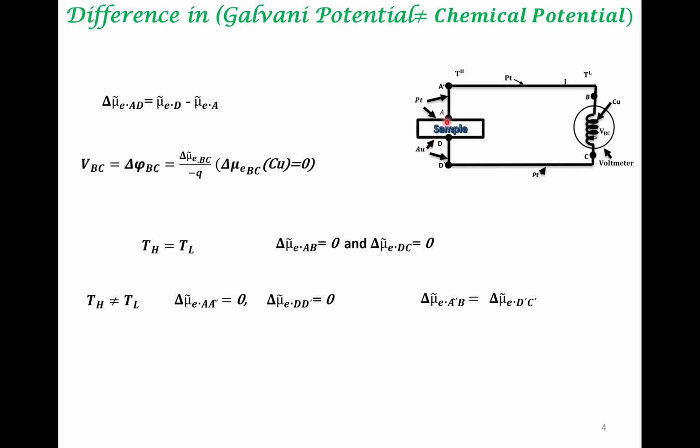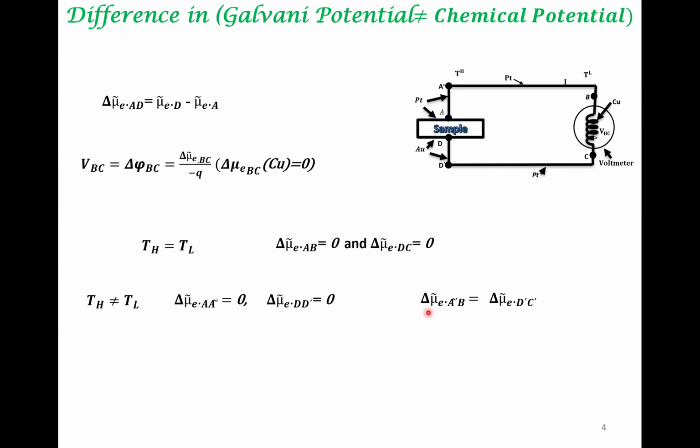The difference in electrochemical potential between this point and this point is 0 because it has the same chemical composition. This wire, that is platinum, is being utilized here, and the temperature is also the same. Therefore, we say the difference in electrochemical potential between this point and this point is 0.